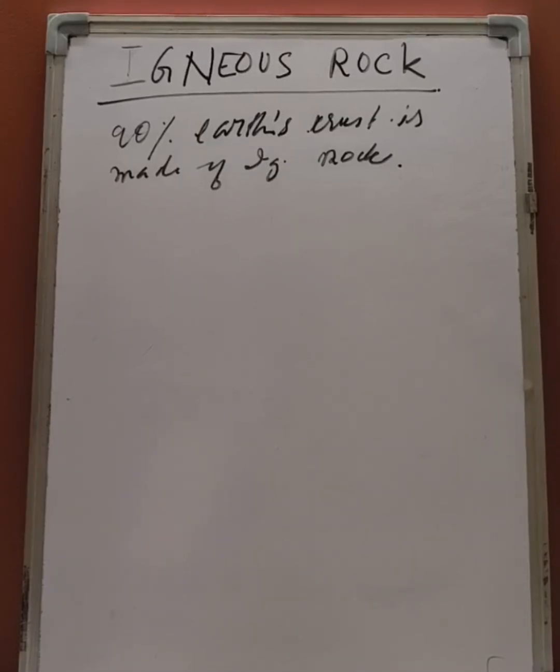Those lava and magma come out on the surface of the earth because of internal disturbance in the earth's interior. They undergo some processes by external agents like water, wind, and so on. Over time those lavas cool down and consolidate, and finally they make up the igneous rocks. So this is the brief description of the igneous rock.